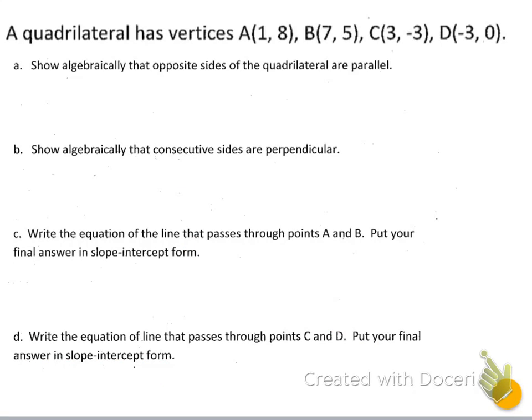Okay, quadrilateral has vertices A, B, C, and D. Show algebraically that opposite sides of the quadrilateral are parallel. So let's graph them to see what my opposite sides are.